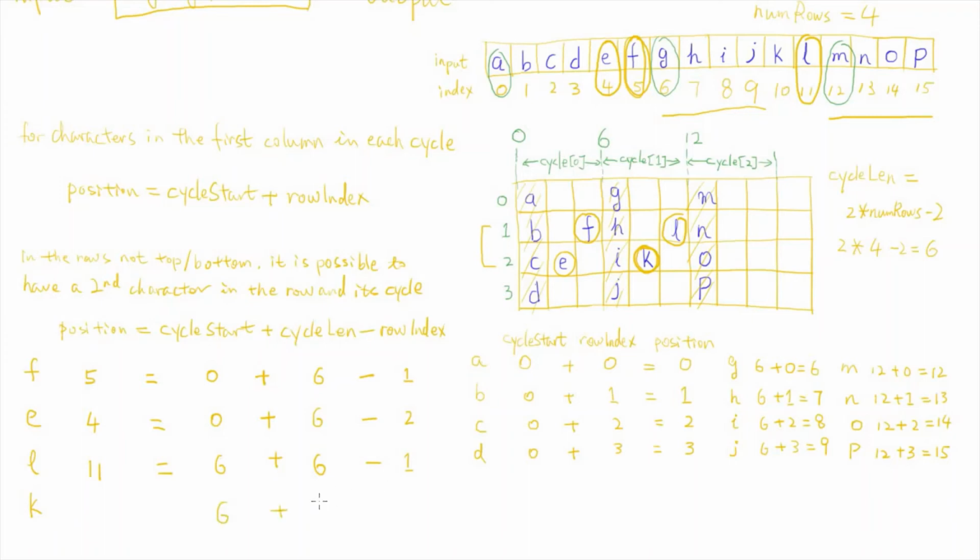The cycle length is 6. And the row index is 2. 6 plus 6 minus 2 gives you 10. And K is here at position 10. Now we have examined all the characters in the matrix. So we need these two formulas to calculate the position of each character in the matrix of the zigzag pattern.